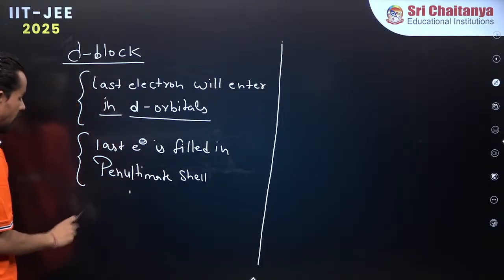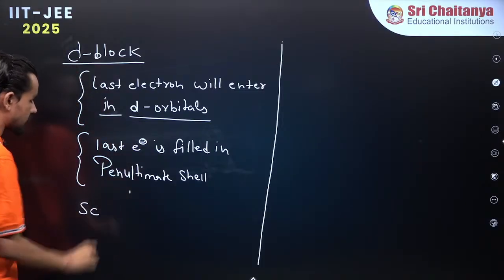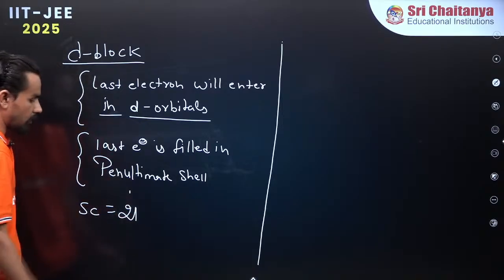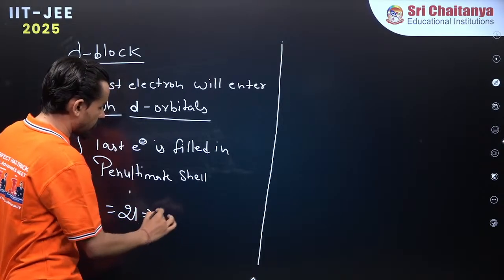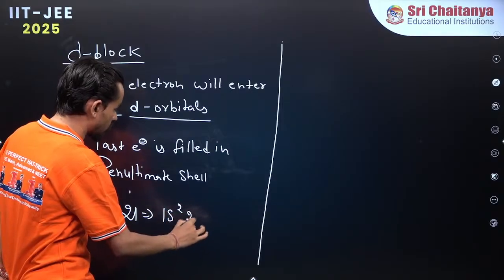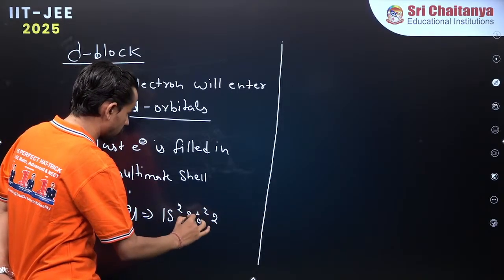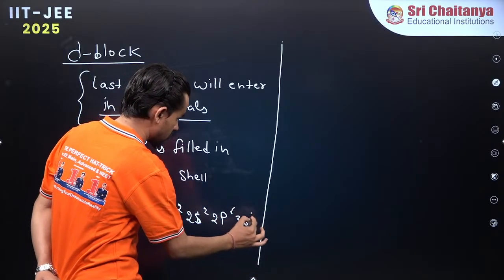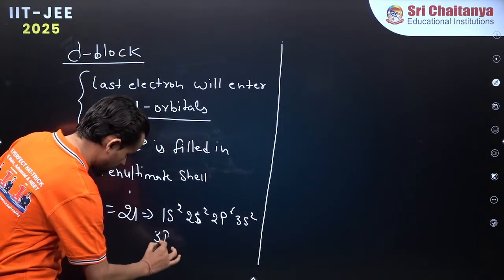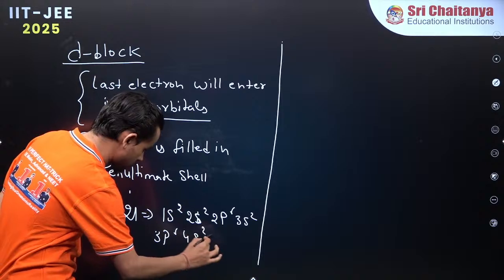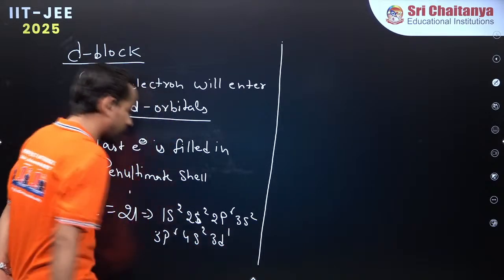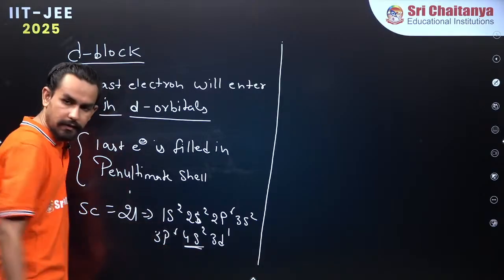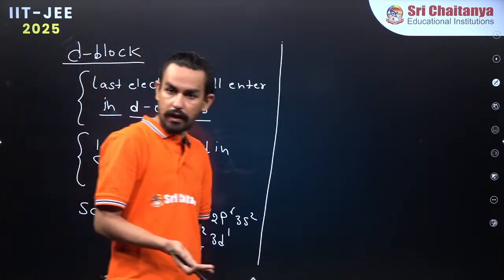Like if you think of a d block element, let us say scandium, having atomic number 21, what will be its electronic configuration? It will be 1s2, 2s2, I am writing the complete one, 2p6, 3s2, 3p6, 4s2, 3d1. Now you know the outermost shell will be 4s because it has the highest n value.